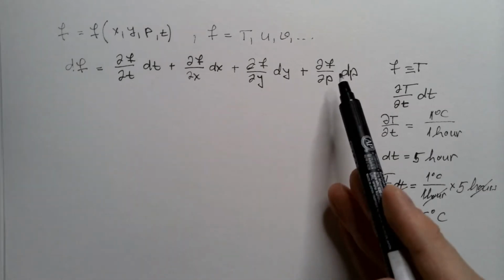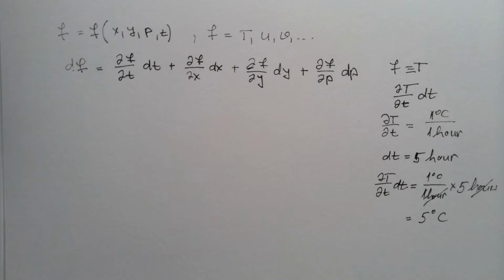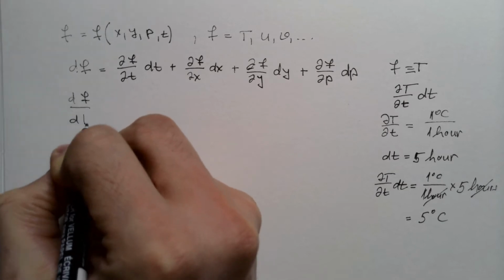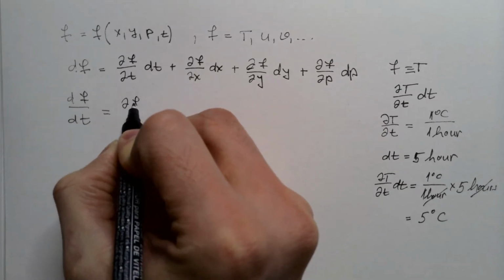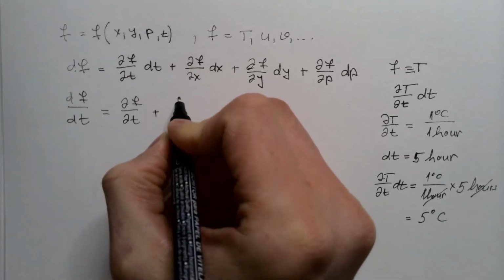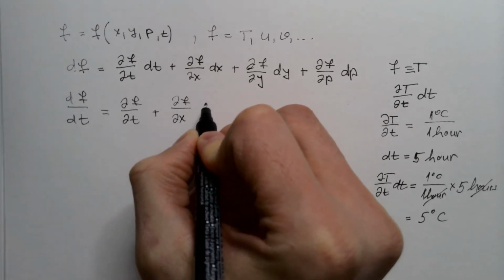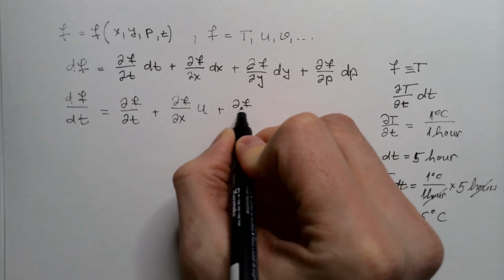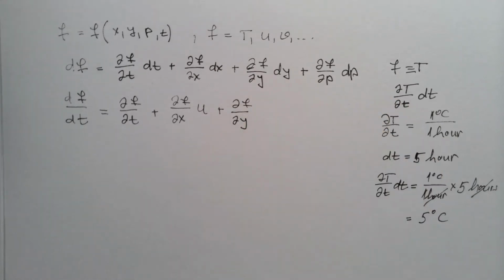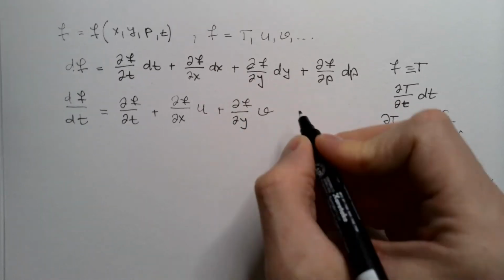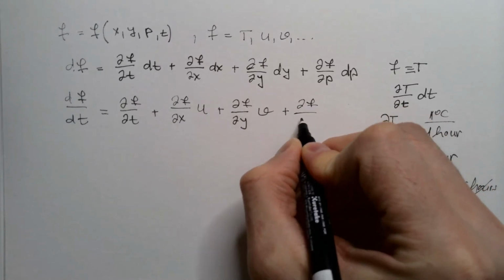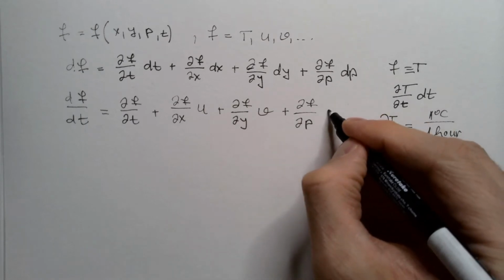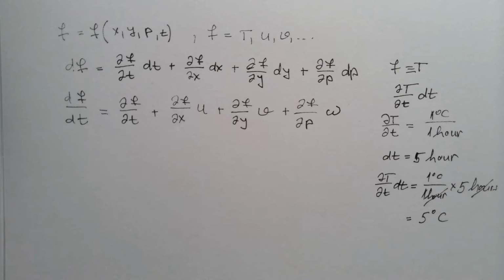Okay, now let's go to this general equation over here, and we divide this equation by dt. We will get that df/dt is equal ∂f/∂t plus ∂f/∂x dx/dt, which is u component of wind, plus ∂f/∂y dy/dt, which will be v component of wind, plus ∂f/∂p dp/dt, which will be now something that we call omega.